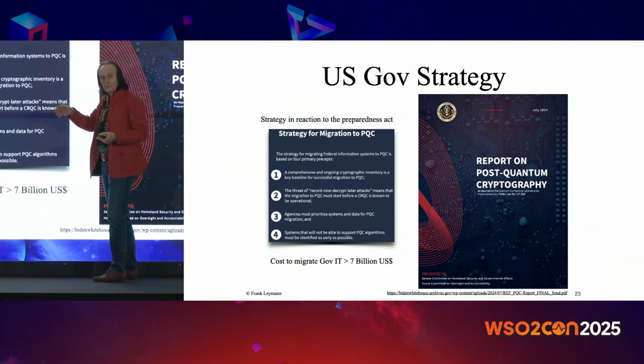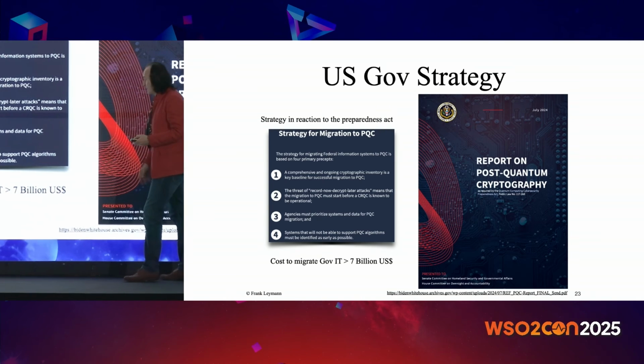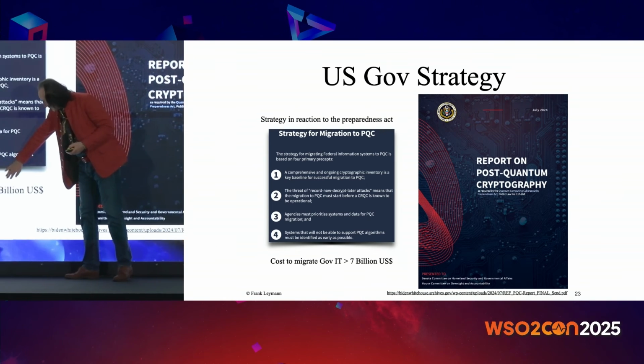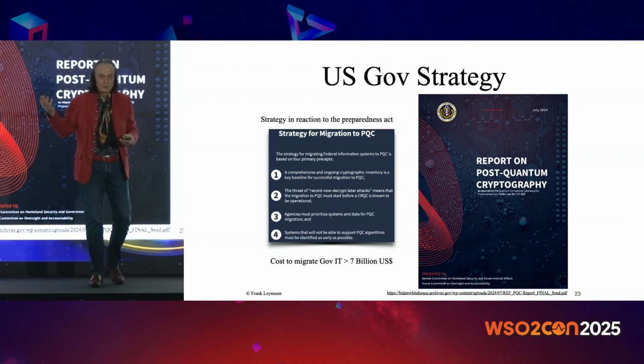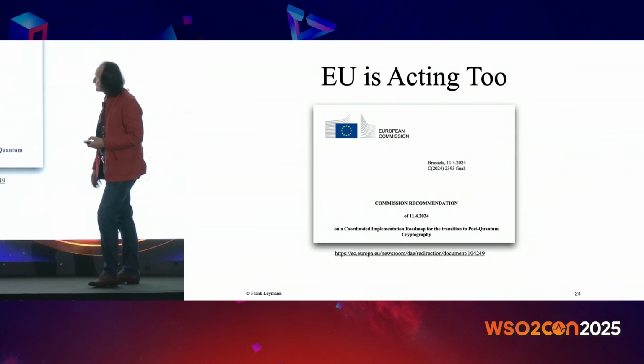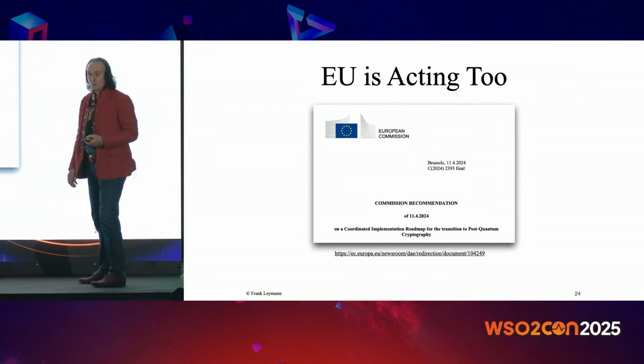I didn't follow up whether this law has passed, but they really take it seriously. They would like to force all American companies to become quantum safe. And the cost they estimated last year was $7 billion in order to migrate only their government computers to become quantum safe. The European Commission is doing similar.